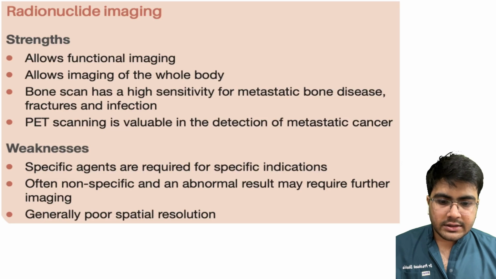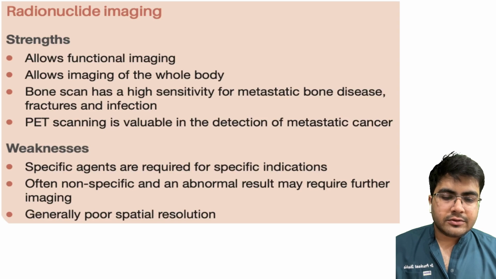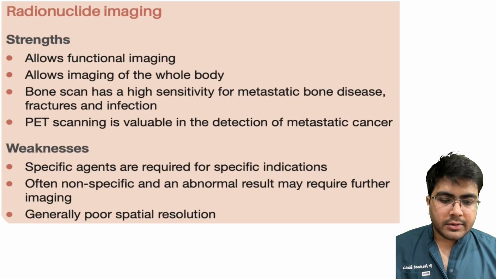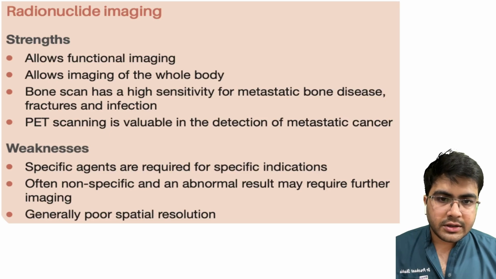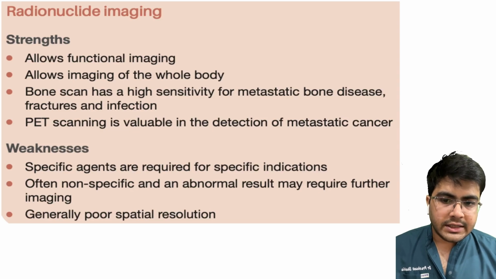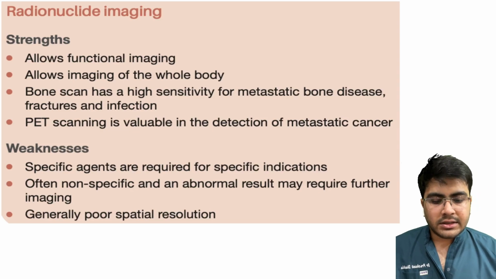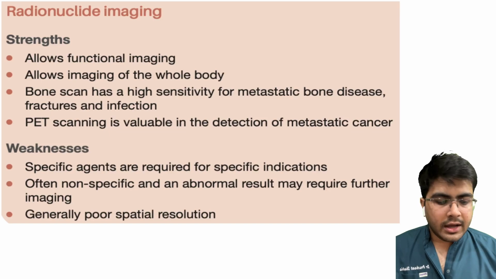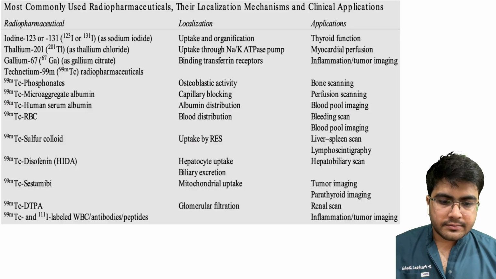The weakness is that specific agents are required for specific indications, it is often non-specific and an abnormal result may require further imaging, and it generally has poor spatial resolution. We have tackled the spatial resolution by combining CT with PET, but still the spatial resolution is not as good as in other modalities.